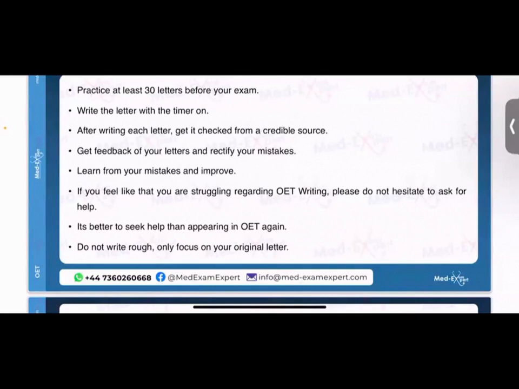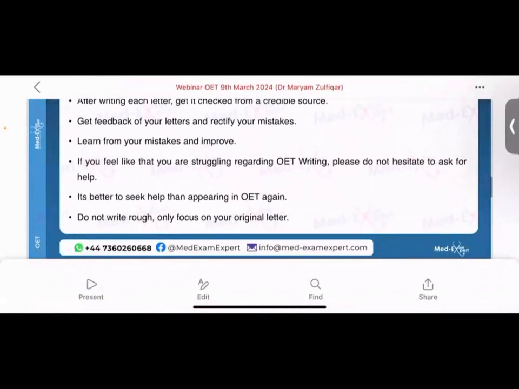Get feedback on your letters and rectify your mistakes. This is the most important point, because after getting it checked by the mentor, most of the students don't bother about what their mistakes are and how they can improve.